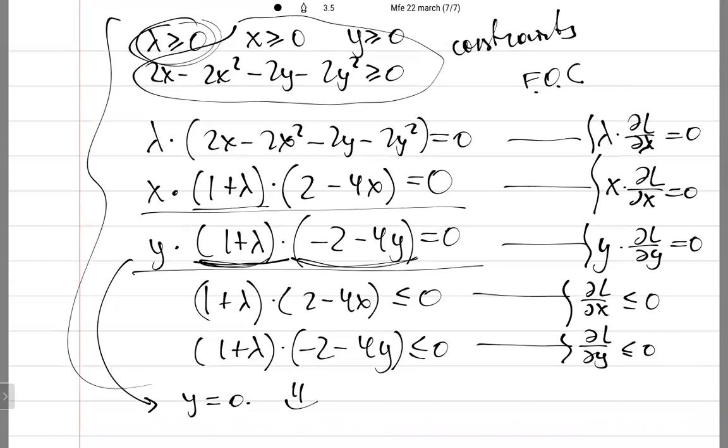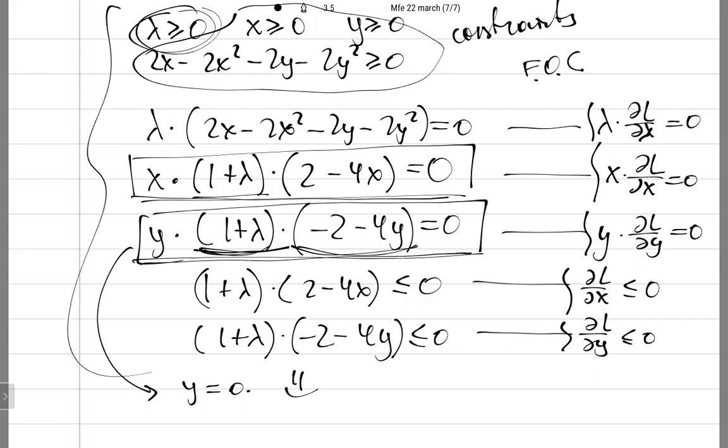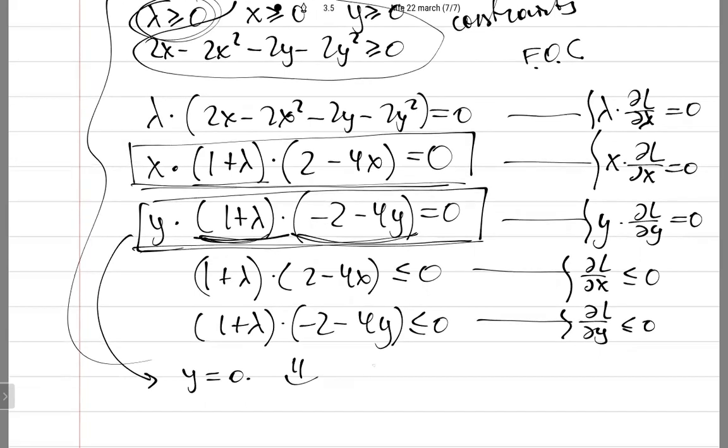Okay, I'm happy. I plug in y is 0 everywhere. Then I have two subcases for x. Case A, x is 0. Case B, x is 1/2.